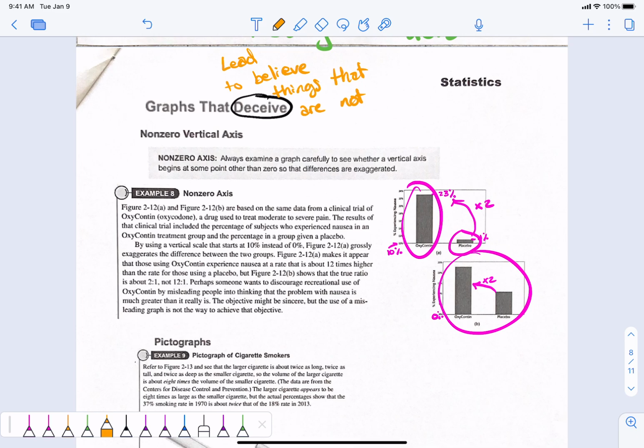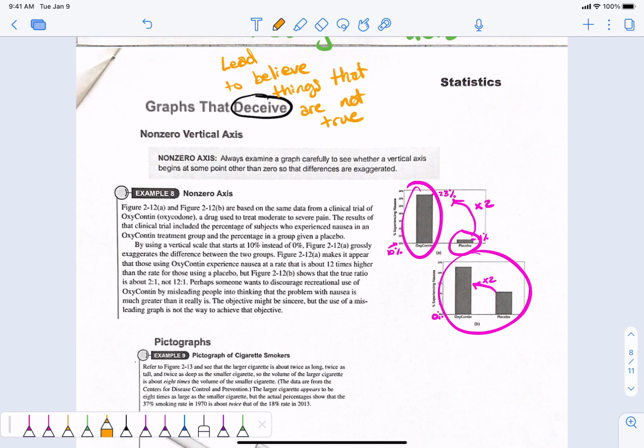When you deceive somebody, you are leading them to believe things that are not true. Okay, whether you're doing it on purpose or not, right? Some of these people may have good intentions when they create this graph, but they are actually making a deceptive graph that is not doing justice to the data.